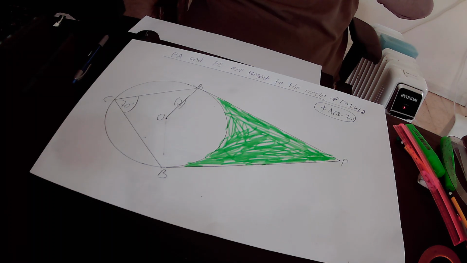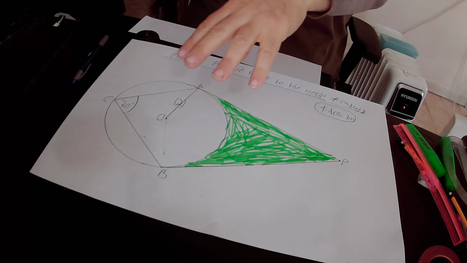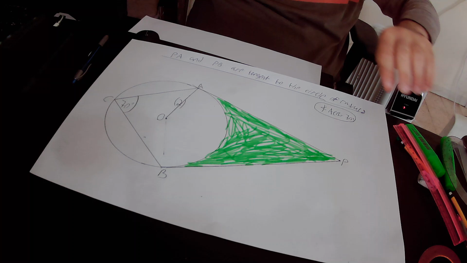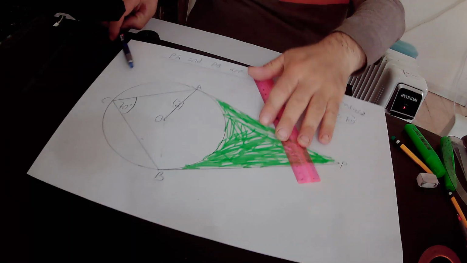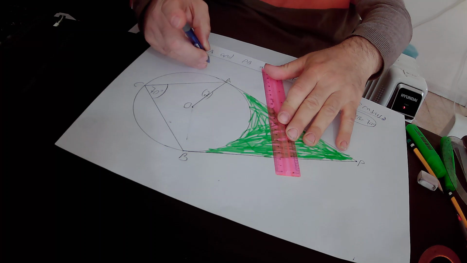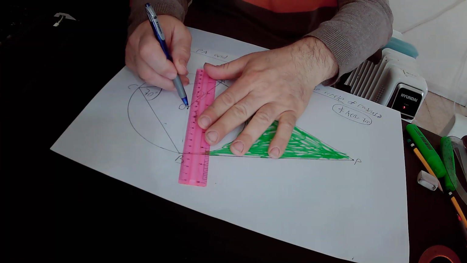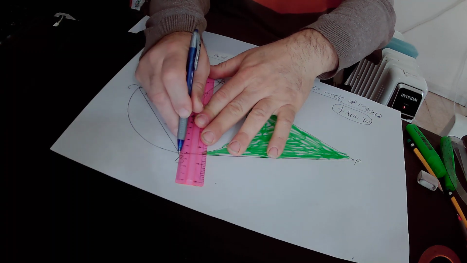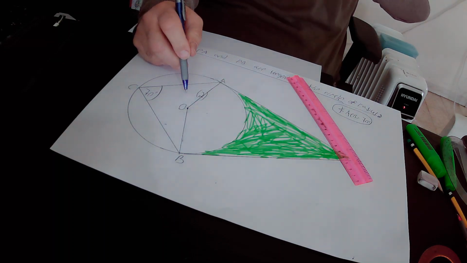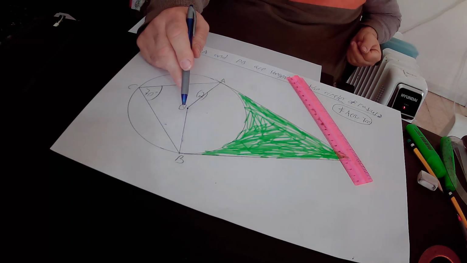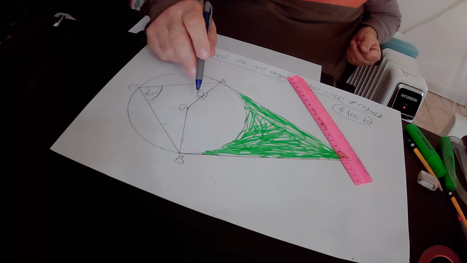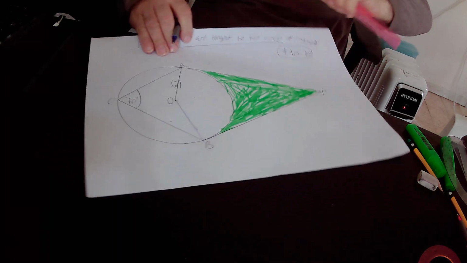First of all, we also know that point O is the center of this circle. So first, we join points O and B together by a straight line. Point O is the center of the circle, point B is a point on the circle itself, therefore OB is the radius of this circle, which equals 2 units in length.